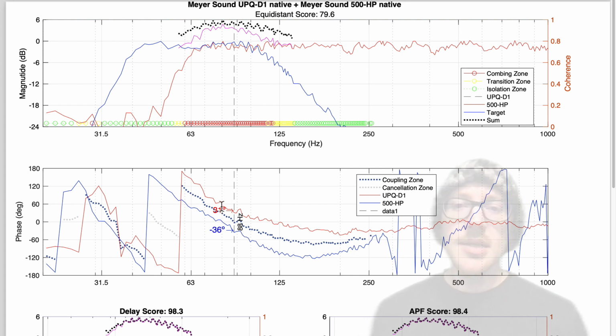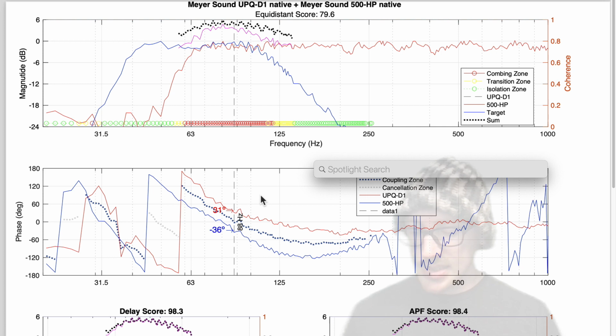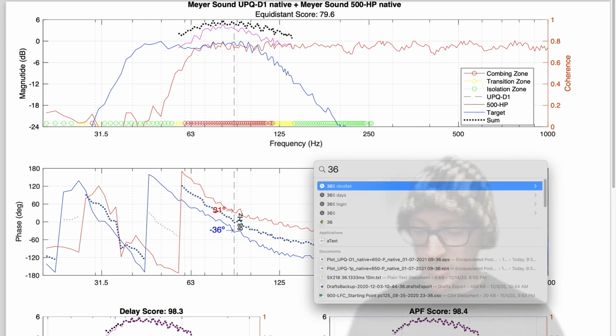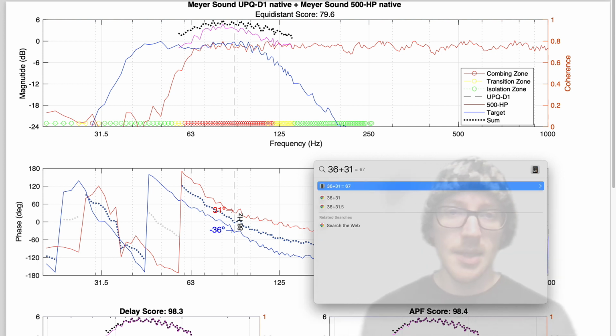So the first thing we need is the difference between these two numbers. So I can see positive 30 to minus 30 is about 60 degrees, but this is 36. So let me just make this easy on myself. 36 plus 31 is 67. So a phase offset of 67 degrees.